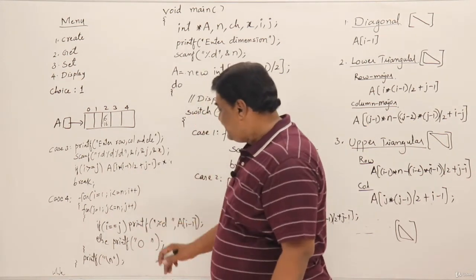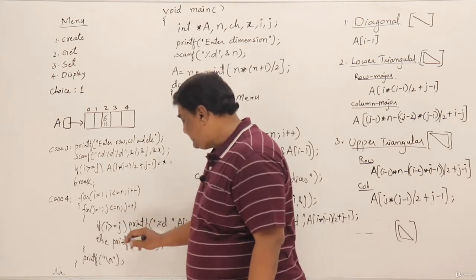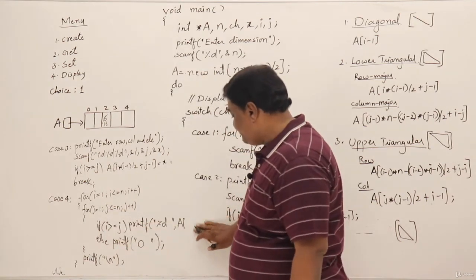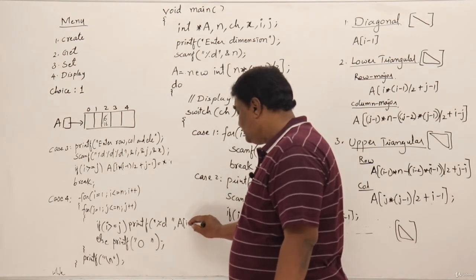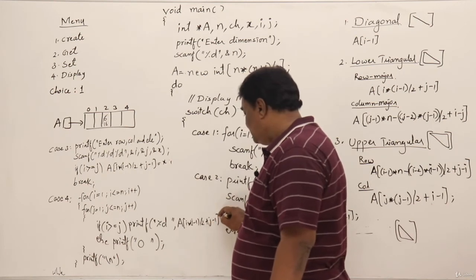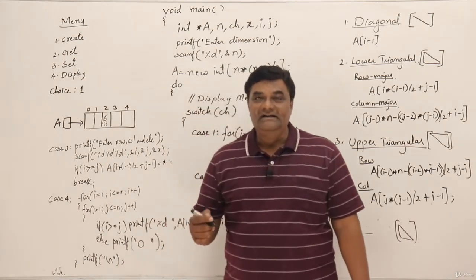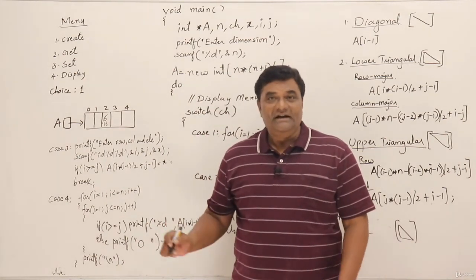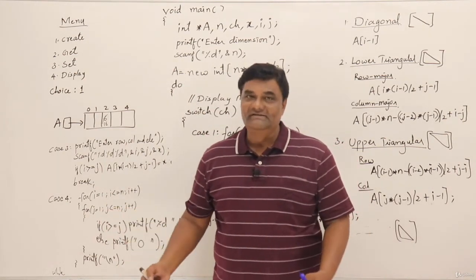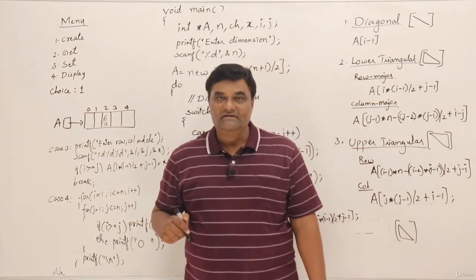Then for display, whenever i is greater than or equal to j, we will get an element, and again here the formula will be i into (i-1)/2 plus j minus 1, that same formula. So you can see that by changing the formulas at few places, the program changes for lower triangular matrix.